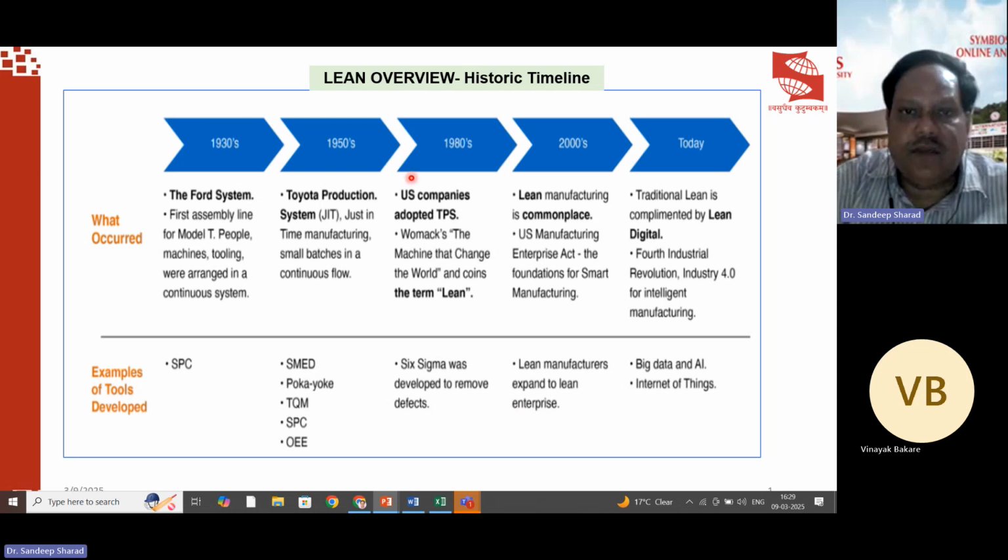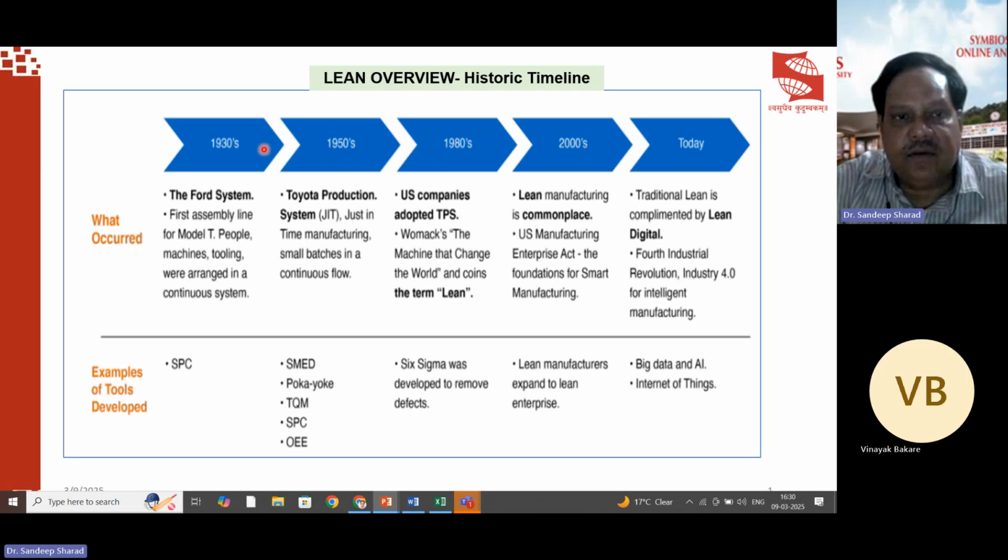We'll now talk about the historical timeline of the lean overview. In 1930, the Ford system first assembled the line for the Model T. People, machines and tooling were arranged in a continuous system, and SPC, statistical process control tools, were developed for managing this.